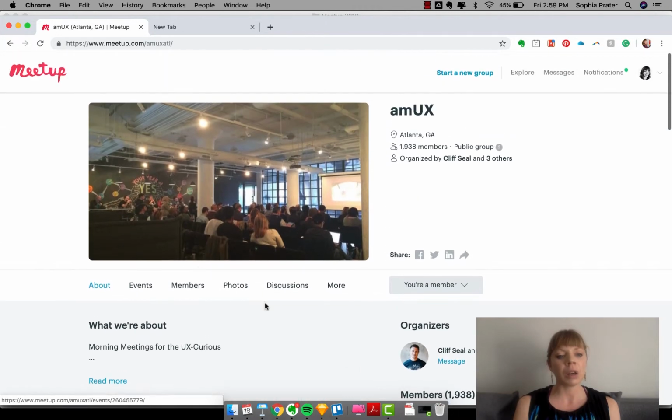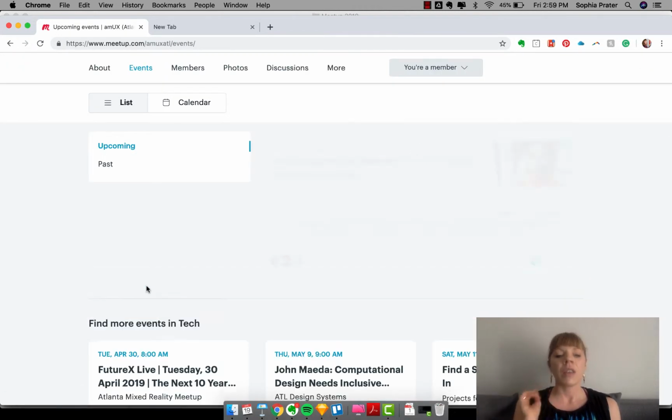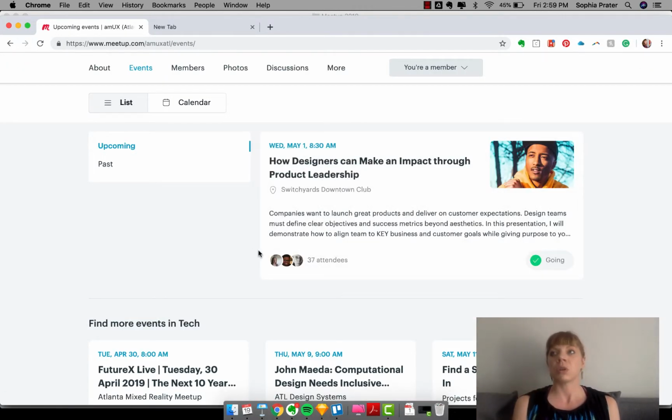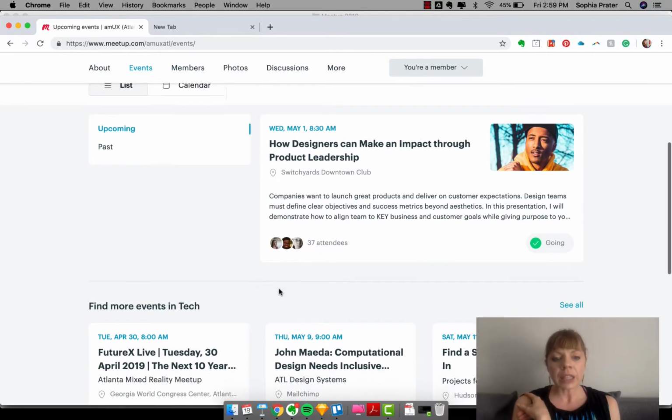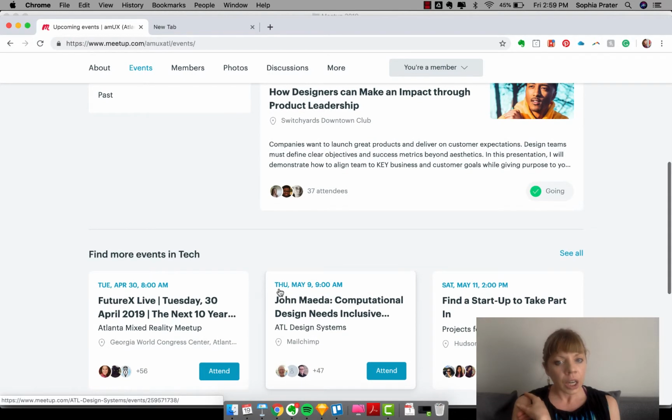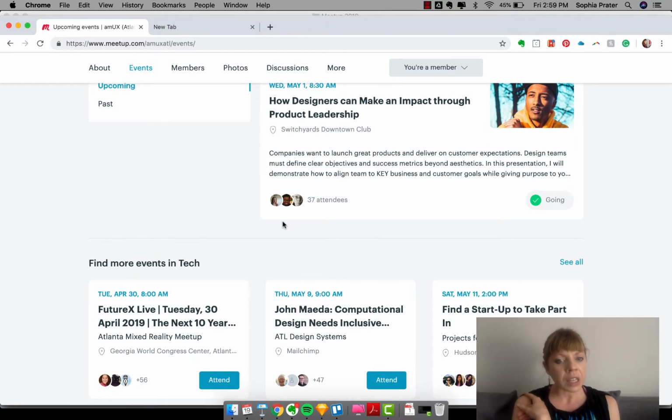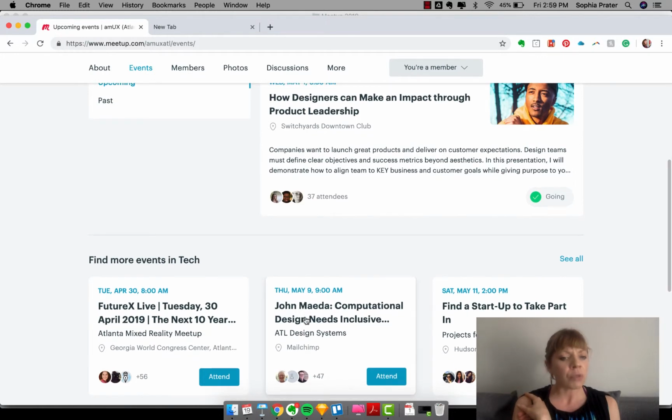And then we can go over here into events, and this is the one time that they show it the same. The way that they show the event when you go to events, and the way that they show it on the Meetup group detail page, they show it the same way. But then let's look down here. These are also very similar.